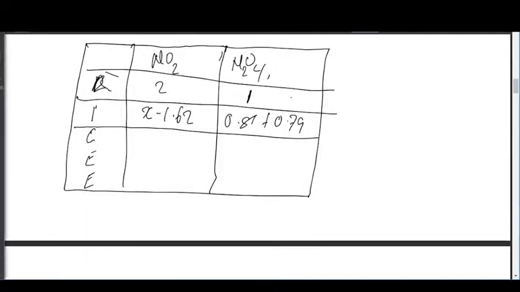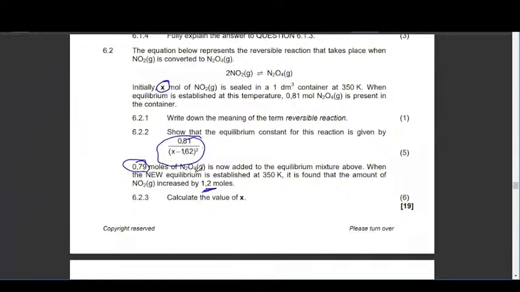Now, what are they saying? When the new equilibrium is established, it was found out that nitrogen dioxide increased by 1.2 at equilibrium.